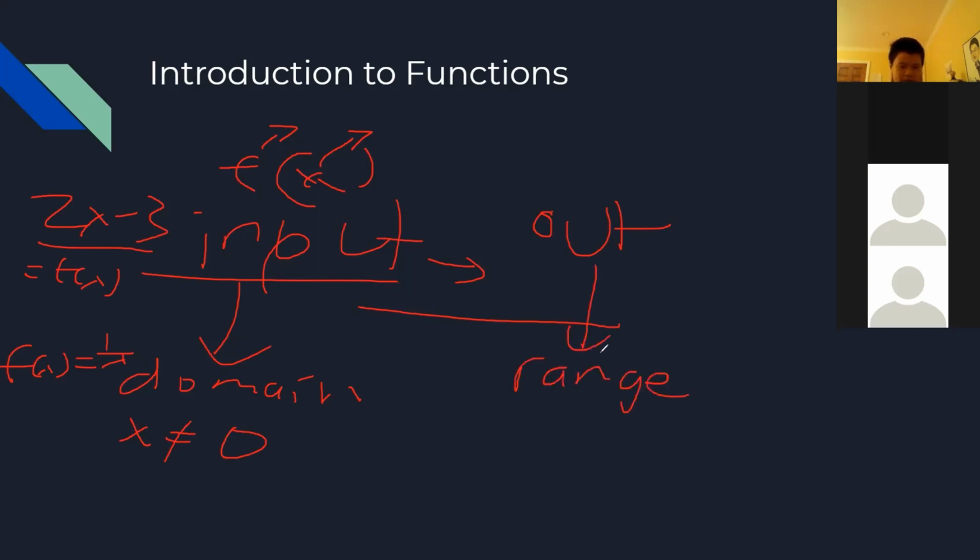Similarly, anything that can be generated by the function is called the range. The input is according to what x could be, and the output is what f(x) can be. For example, absolute value, which is these double marks, can only be non-negative.